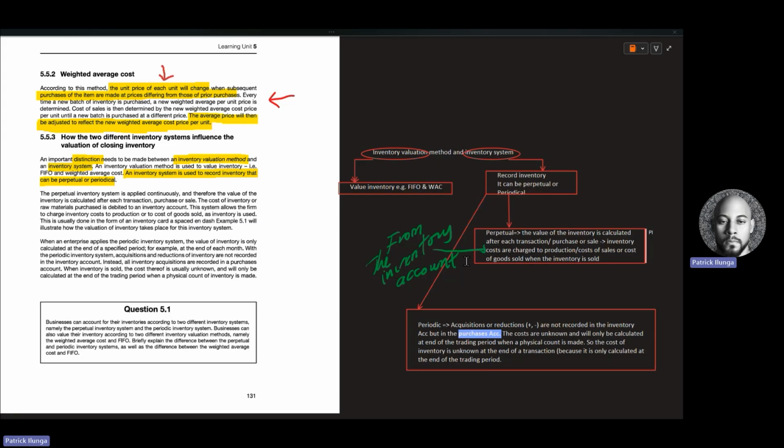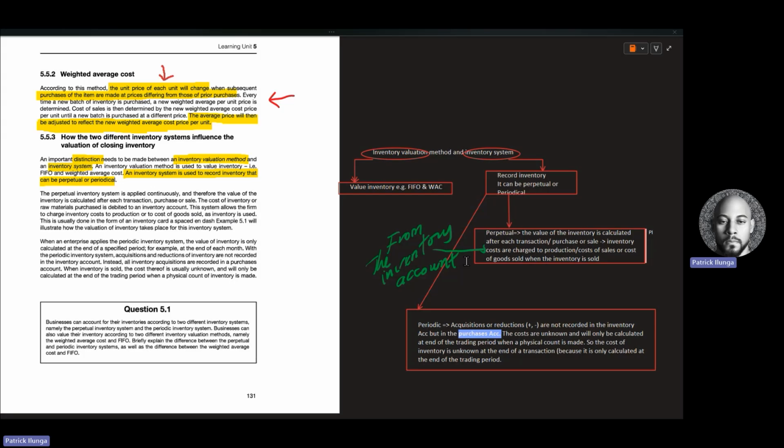The periodic inventory system is different, and it says it's periodical, or it's periodically that we take stock to account of the inventory, right? So the acquisitions and reductions, which are your plus and minus, are not recorded in the inventory account as is the case of the perpetual, you see.